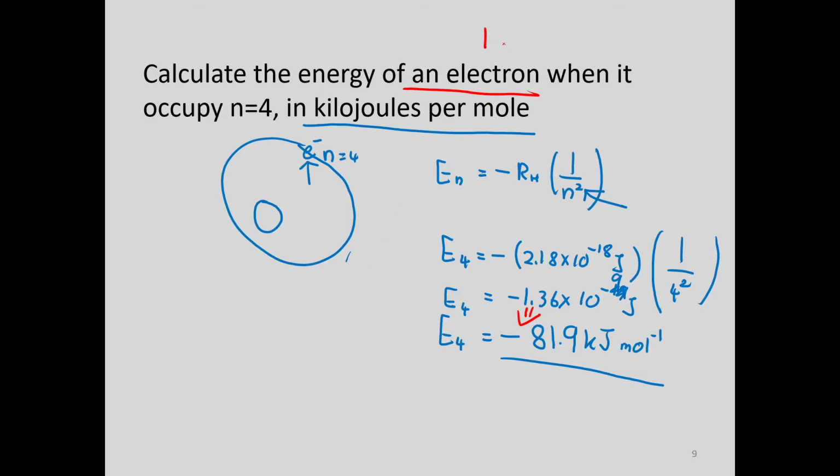So satu electron, right? So would it make sense? Because kalau kita darab dengan Avogadro's constant untuk dapatkan dia punya mole, kan?